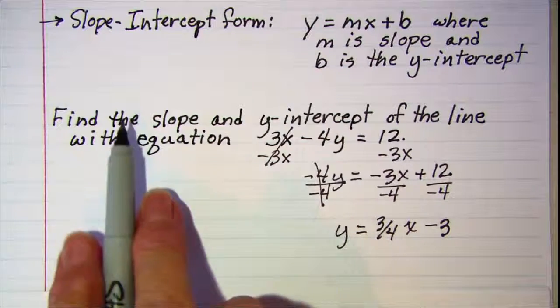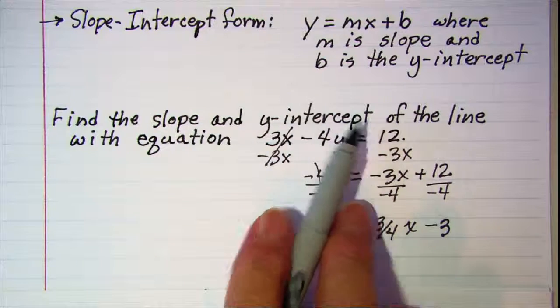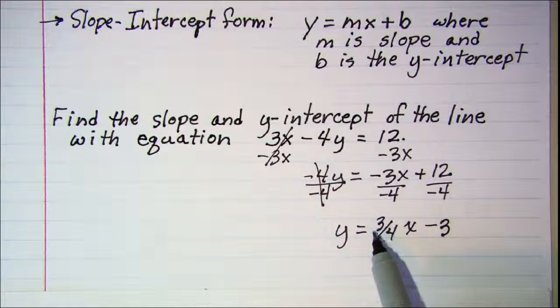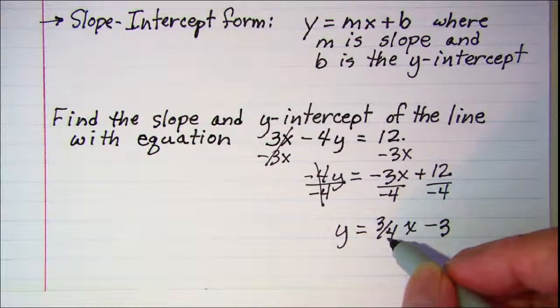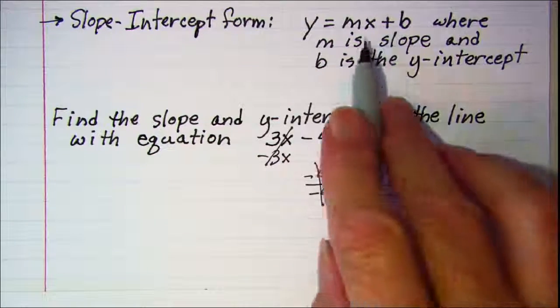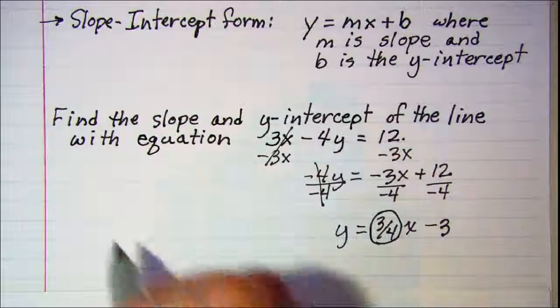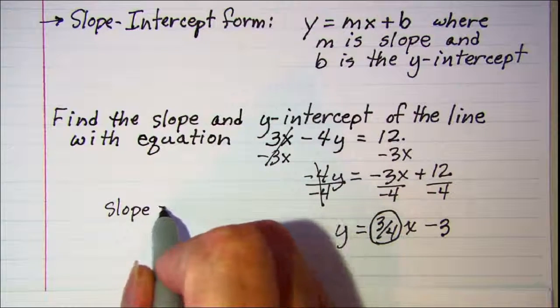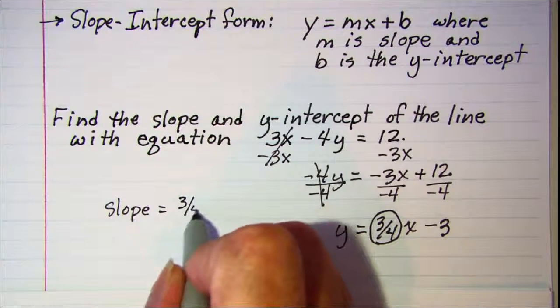Now I need to find the slope and the y-intercept. Since I have my equation written now in slope-intercept form, I know that the coefficient of x is the slope. So my slope is 3/4.